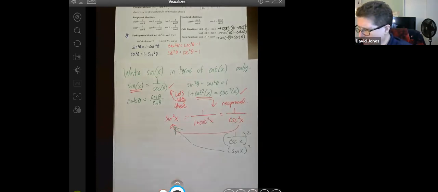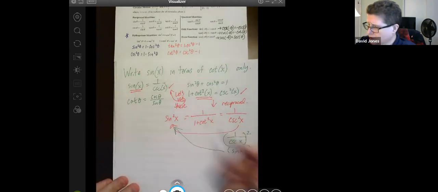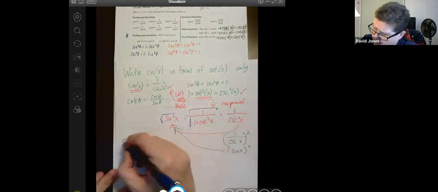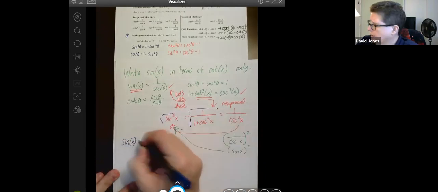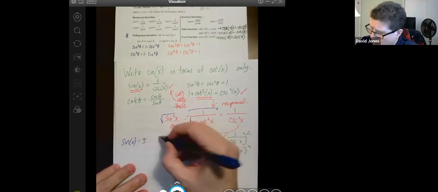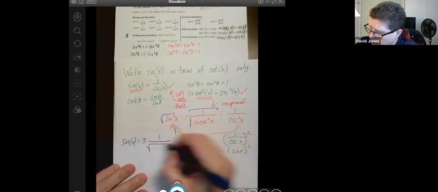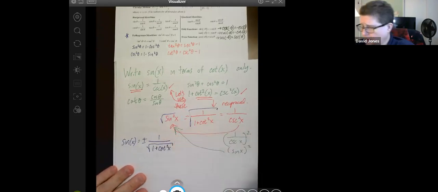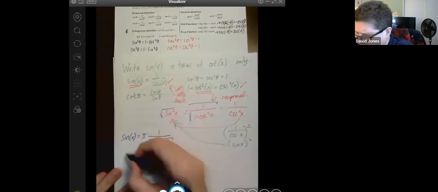And now that we have that, I can just take the square root of both sides, right? Sine x equals plus or minus the square root of 1, which is 1, over the square root of 1 plus cotangent squared. And I should probably rationalize it.